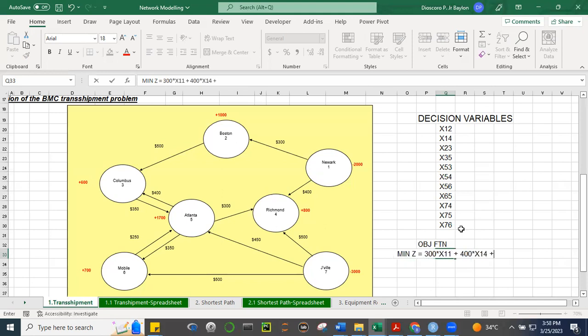So pretty straightforward, class. Network modeling is a lot easier than the regular LP, because this is also LP, but it's already boxed. The definition of the decision variables and the objective function is already boxed.